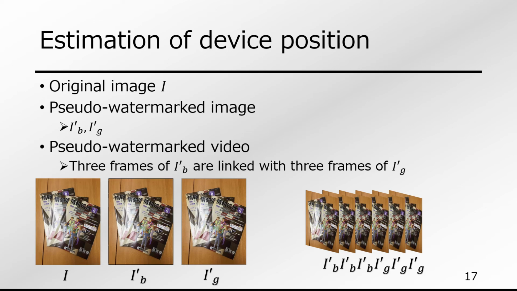The watermark image is I dash image in which the edge of I is black, I dash B, and the image in which the edge of the area is gray, I dash G. In the created pseudo watermarked video, 3 frames of I dash B are linked with 3 frames of I dash G, and this frame sequence is repeated.